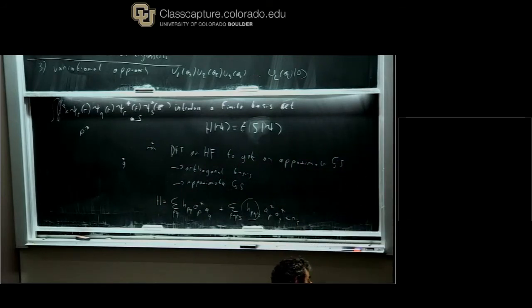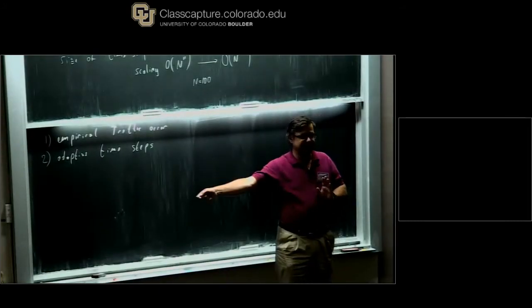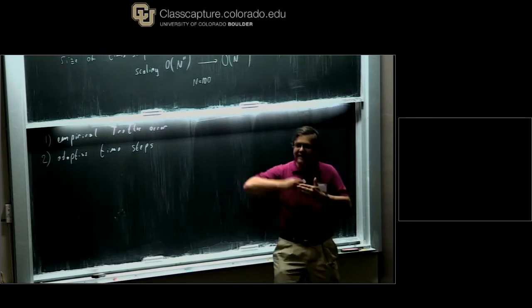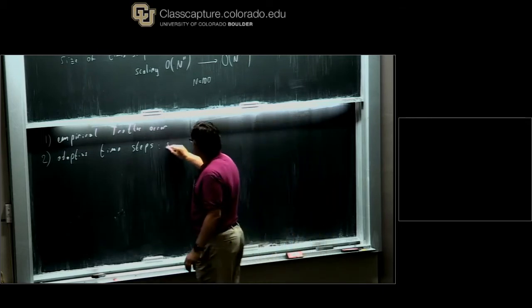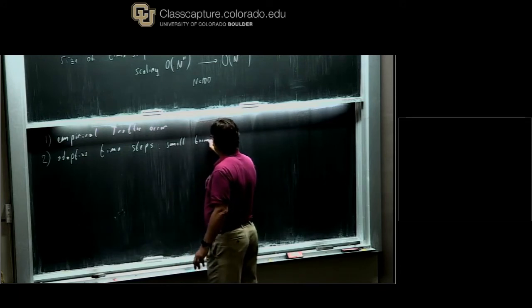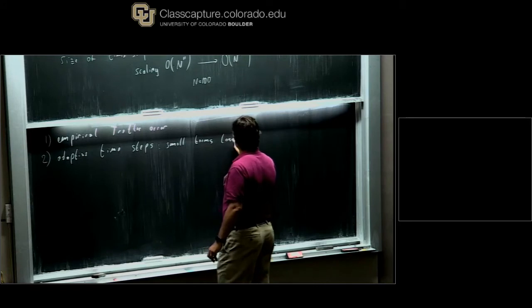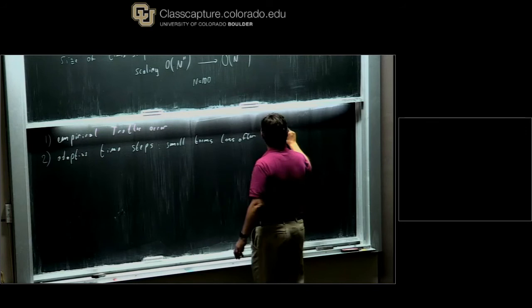So what we can do now is, for those terms that have a small amplitude, we don't propagate them every time step. We might do them only every 100th time step, but then with 100 times larger time steps. So do the small terms less often with a large time step.